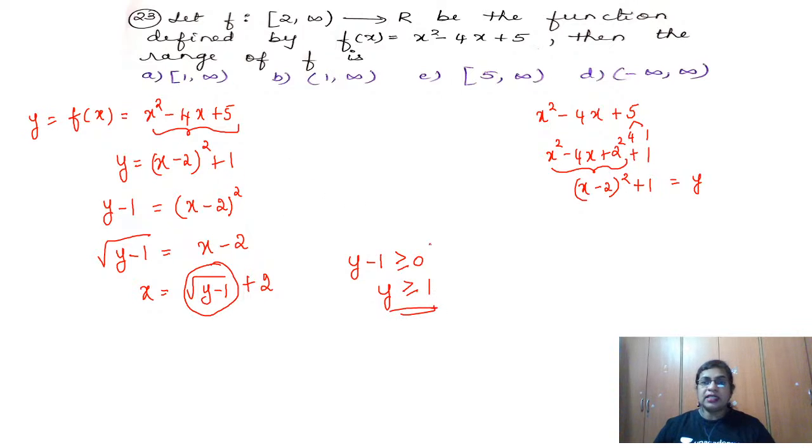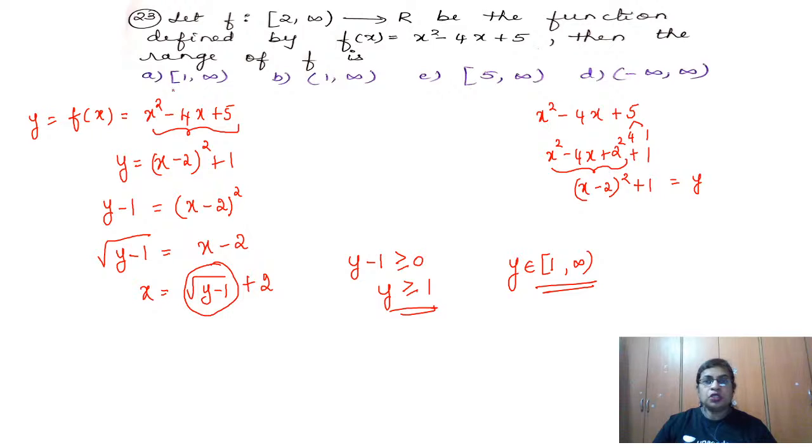Since the equal to sign is there, we write a closed interval: y belongs to the closed interval 1 comma infinity.